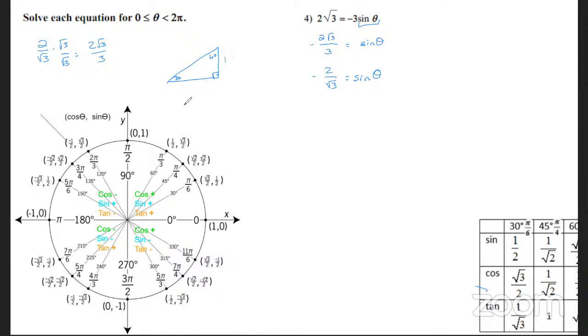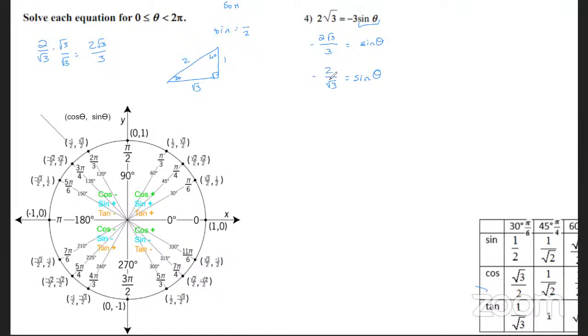Remember, our 30 is 1, we've got 2, and we've got radical 3. So when you think of sine, it's SOH CAH TOA, so sine is opposite over hypotenuse. Hypotenuse is always on the bottom, so no matter which is opposite, whether it was 1 or radical 3, hypotenuse is on the bottom of 2.